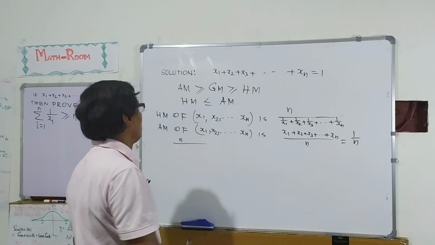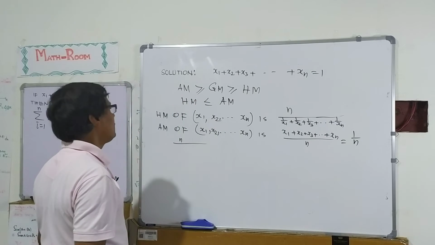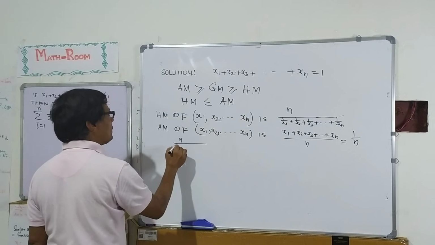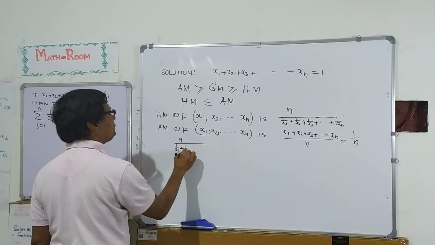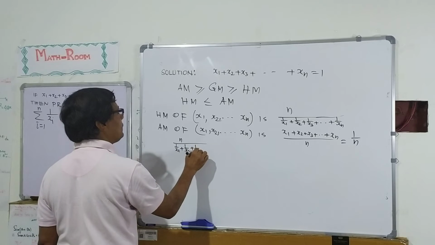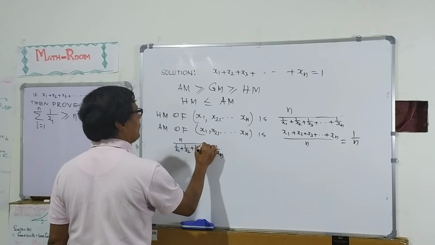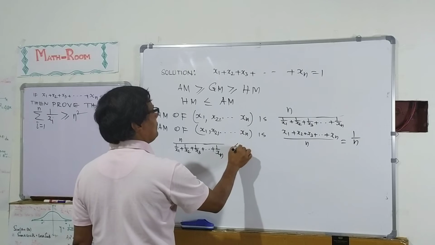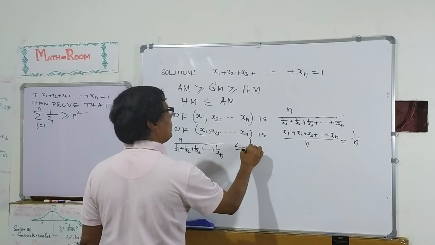Now we apply this inequality, harmonic mean less than or equal to arithmetic mean. The value of the harmonic mean is n over 1 over x1 plus 1 over x2 plus 1 over x3 ... plus 1 over xn, less than or equal to the arithmetic mean whose value is 1 over n.